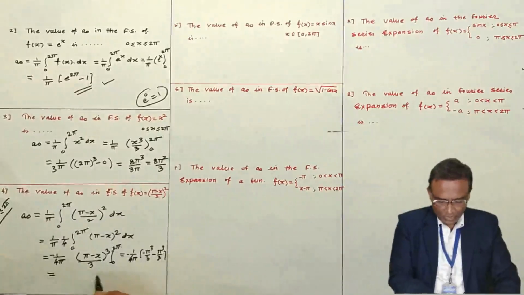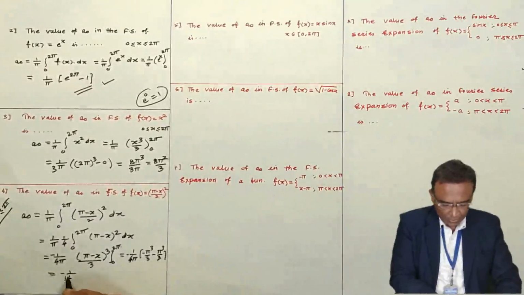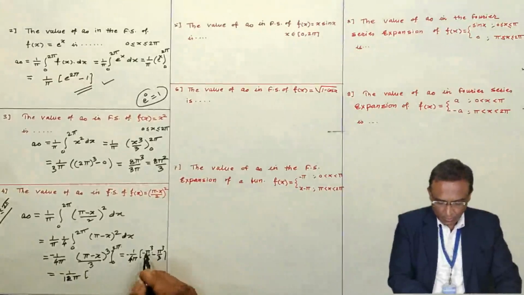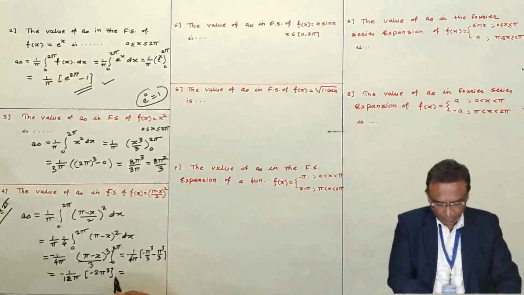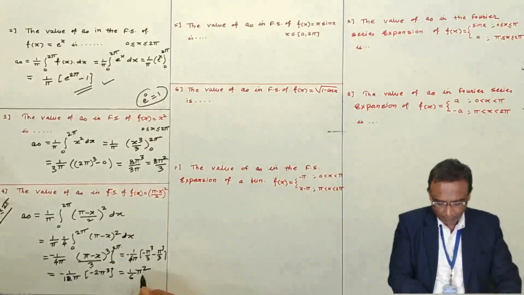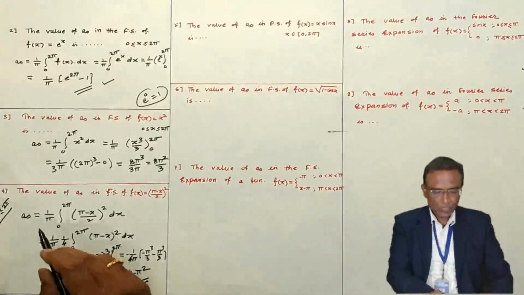Now next, minus 1 by 4 pi, this 3 I am taking common, it will be 12 pi there. 4 into 3 is 12. Minus pi cube minus pi cube, then minus plus 2 by 6, pi square by pi is pi square, pi cube by pi is pi square, by 6 is the value of a0 in this case.